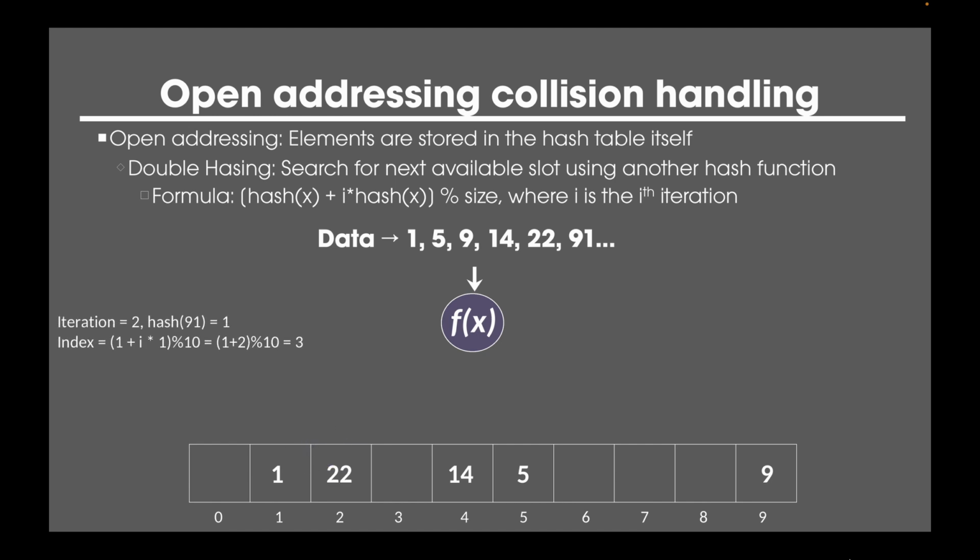For the iteration 2, index can be calculated as 1 plus i multiply 1 modulus 10. Here i equals 2, that is the iteration count, which evaluates to 3. And we found the empty slot after this iteration. This method provides a more distributed probing sequence compared to linear and quadratic probing. In all these strategies, the function continues to probe for an open slot until a vacancy is found.